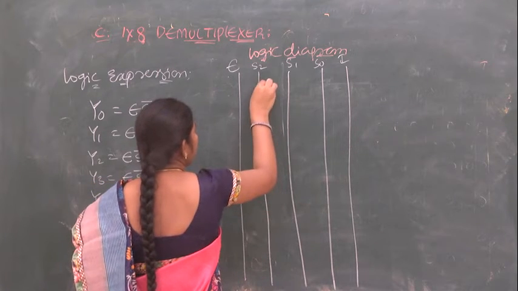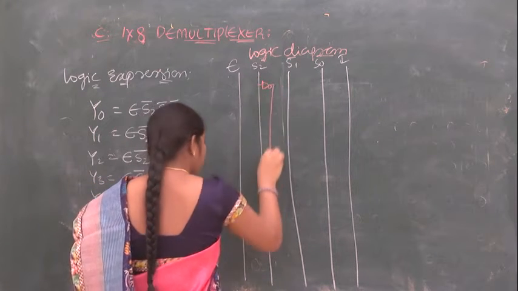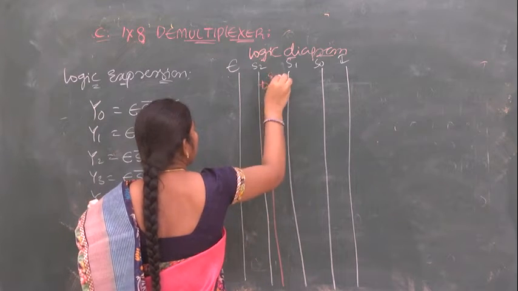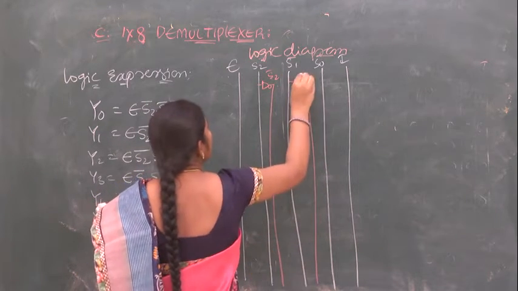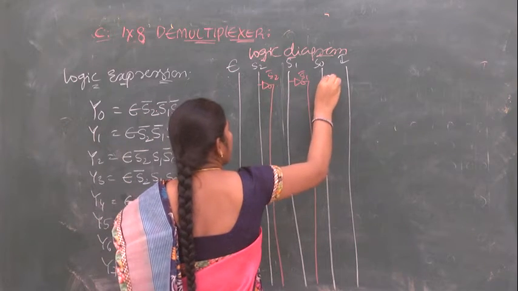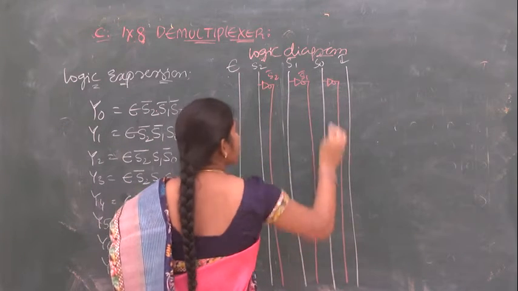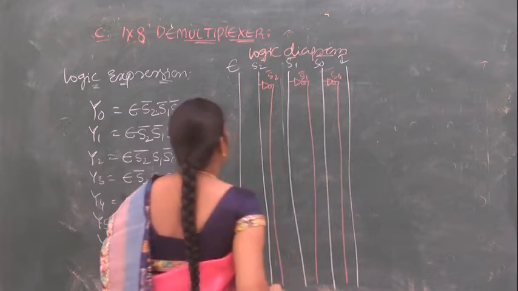So I am giving S2 into one NOT gate to get the complementary form. Similarly, S1 also give to a NOT, so you get S1 complement. S0 give to a NOT, so you get S0 complement.